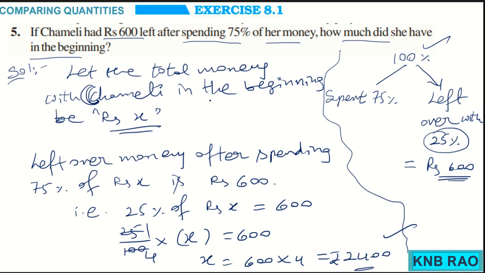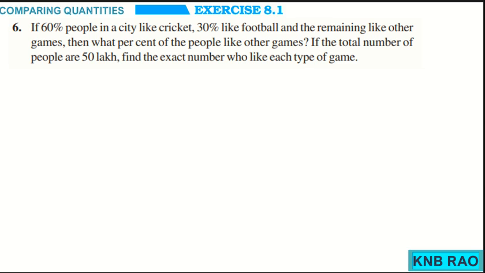Okay. Now we shall go for solving question number 6. This is the last question of exercise 8.1. Let me solve and wind up this session. See children, here in this question, if 60% people in a city like cricket, 30% like football, remaining. So here we have got categories out of 100 percentage, not 2, we have got 3.